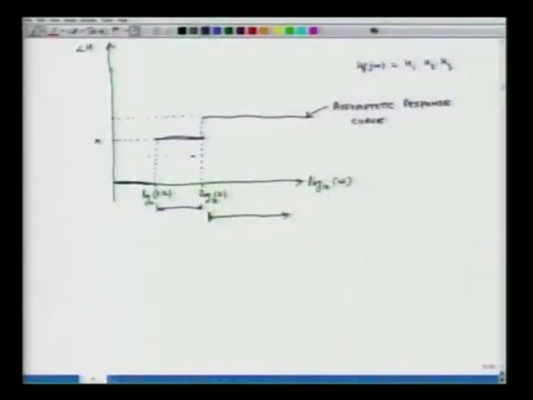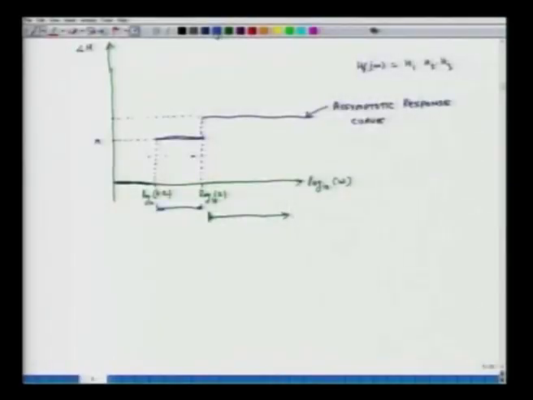So, the actual response curve will be bounded by this asymptotic response curve, but this asymptotic response curve gives us some qualitative understanding of how the system is going to behave. The actual curve in this case may very well look something like this, and that is what I am going to plot in light blue.